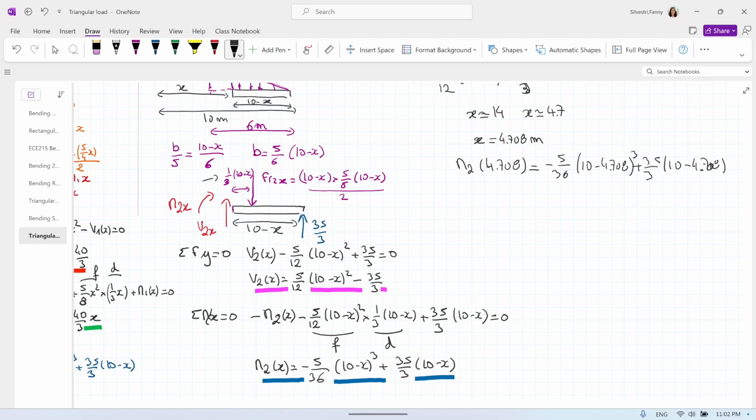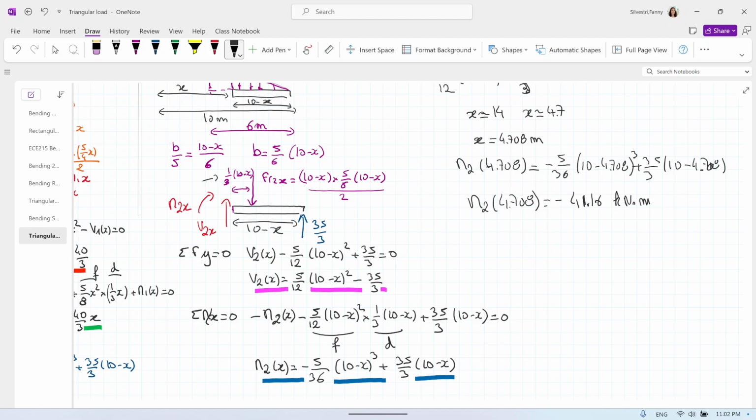I know, oops. So you find M2 of 4.708 equal to 41.16. This is kilonewton meter. So this is your moment max.